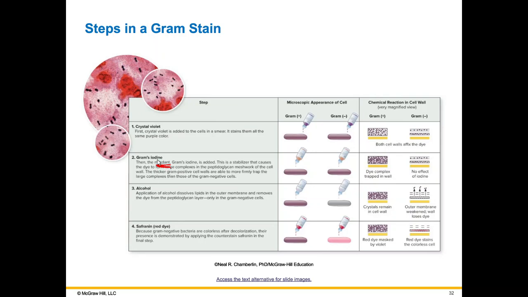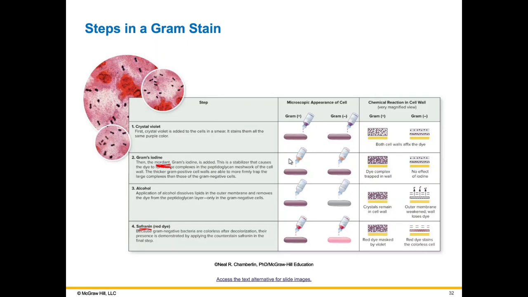Then after we have given iodine to the smear that we have created on the slide, we will rinse it, and then we'll apply a quick application of alcohol and rinse it, and then we will finally add the safranin, and that is a red dye, to our slide that we have our bacterial sample on. We'll wait 30 seconds, rinse it with water, and view it under the microscope.